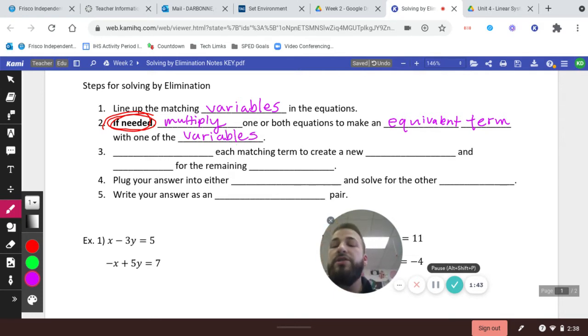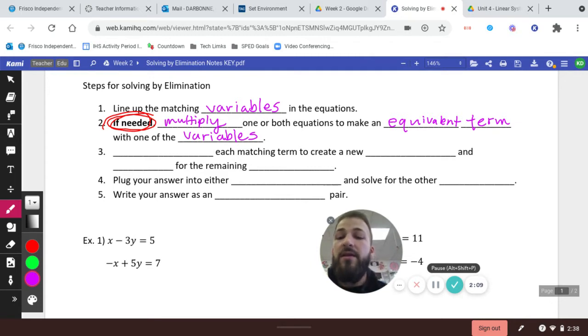So we only do step two if we don't have two variables that have the same value but opposite signs. So we have positive x and negative x. Those both have a coefficient of 1 in front of them, and they have the opposite value of positive and negative. So we do not need to multiply these equations. We'll see an example of that, so don't worry about step two for right now.